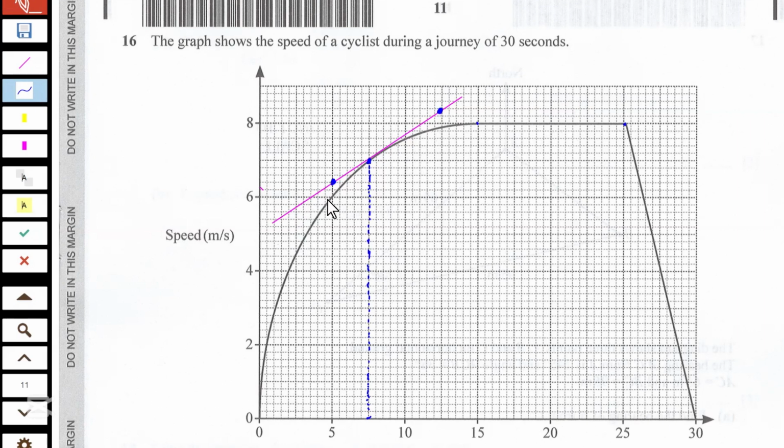Now let's find the coordinates of the first point. I'll label this A and this B. The x coordinate of this point is 5.